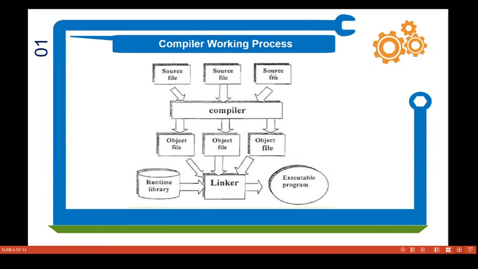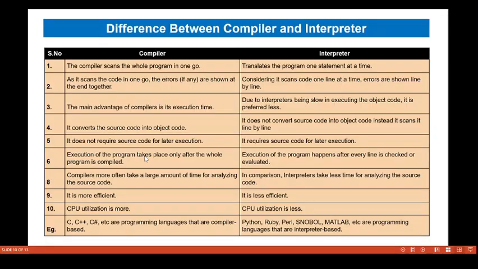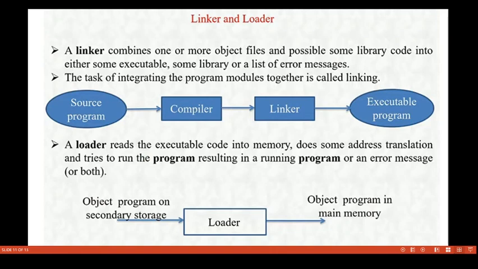After collecting the high-level programming language, it compiles it into low-level programming language, and the linker helps in organizing the low-level code before it is executed. The linker combines one or more object files and possibly some library code into either an executable, a library, or a list of error messages. The task of integrating the program modules together is called linking.